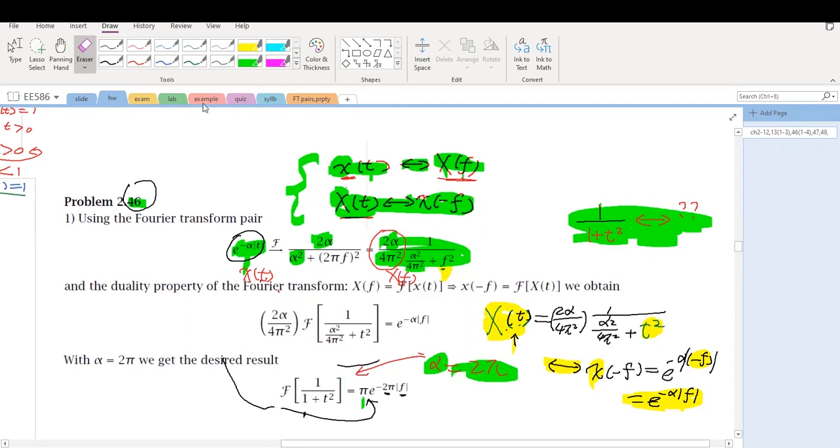And this constant here, with alpha equals 2 pi, equals 1 over pi. 2 alpha divided by 4 pi squared with alpha equals 2 pi equals 1 over pi, right? And then you move this 1 over pi, this pi, to this side here, and that's the Fourier transform of 1 over 1 plus t squared.